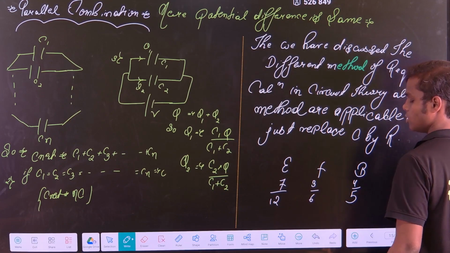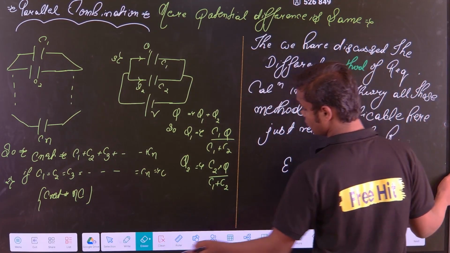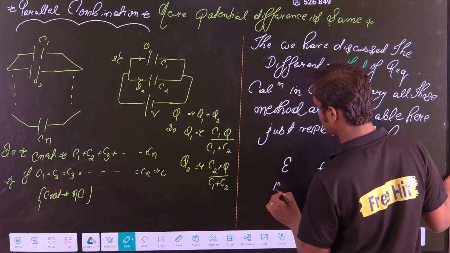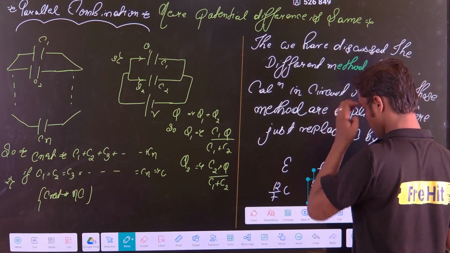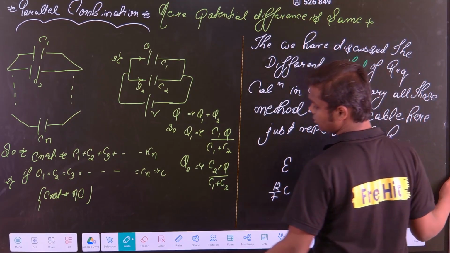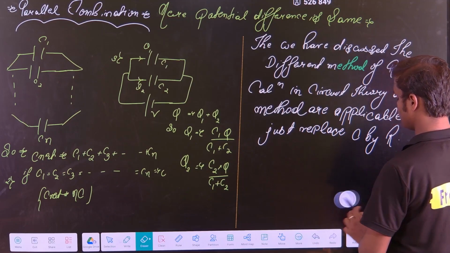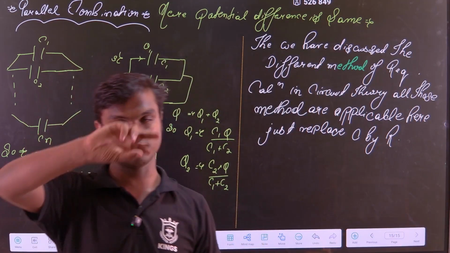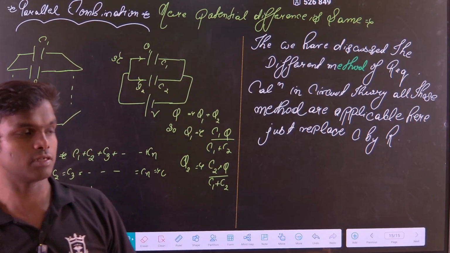Just what you have to do, you just reverse the answer. This will become 12 by 7C. Whatever answer you have got in current electricity, just replace R by C and reverse the answer. You will get the correct answer.